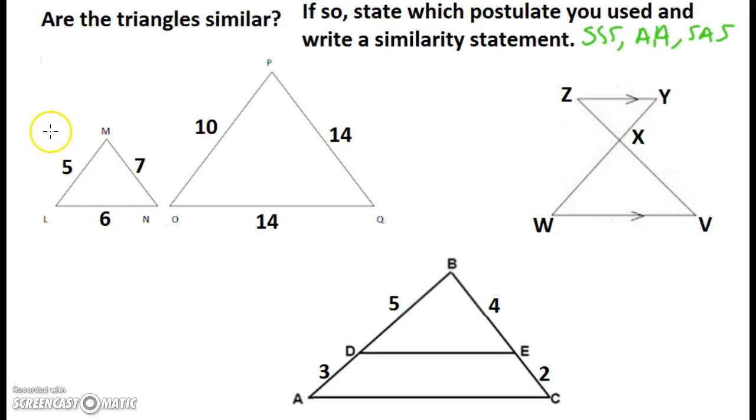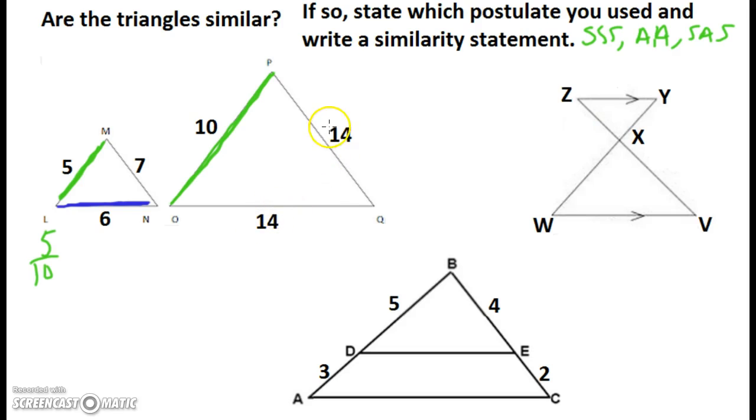So I know that 5 is the smallest side of this triangle, and I know that 10 is the smallest side of this triangle. So I know that 5 and 10 are going to have to go together. All right, and then the medium side of this triangle is 6. And there's not a medium side over here because these two numbers are the same.